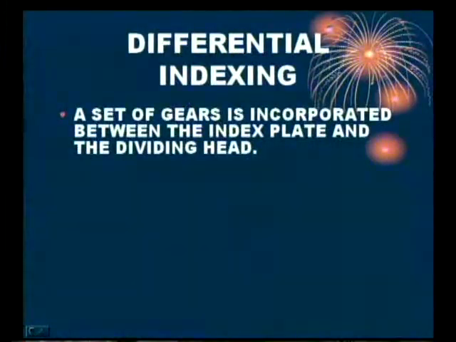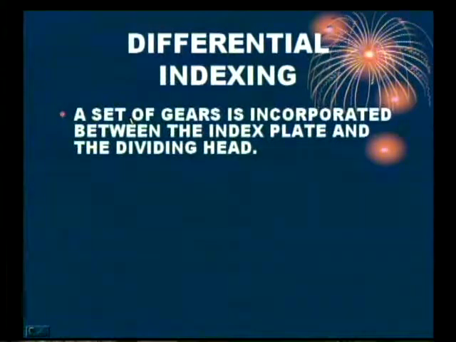In order to avoid the complexity of the previous method, differential indexing is there. This is also done in two stages, similar to compound indexing, but the second rotation of the plate together with the crank is avoided altogether in differential indexing.